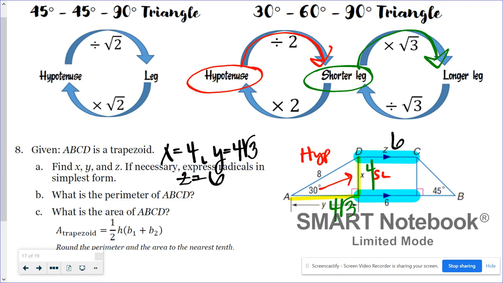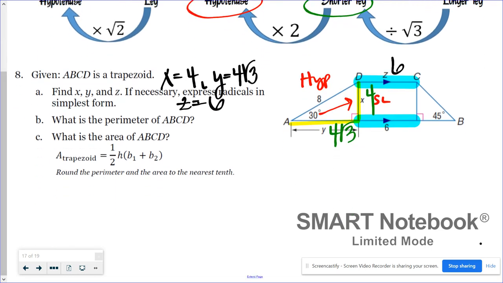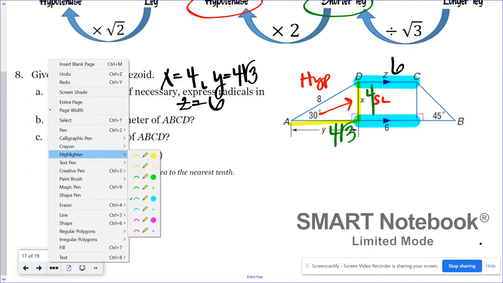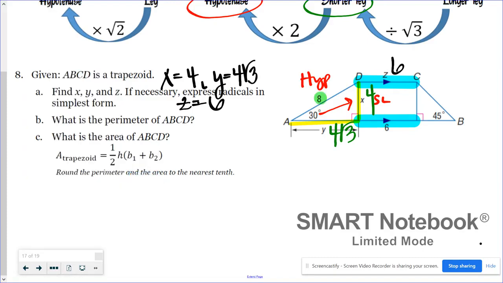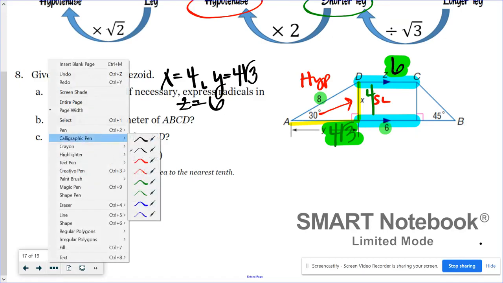They want us to find the perimeter of ABCD, so that means we need to know the length of all the sides. Let me get out another highlighter. I know this side is 8, DC is 6, the segment y is 4 root 3, this is 6. So what I need to know is BC and then the leg of the 45, 45, 90.